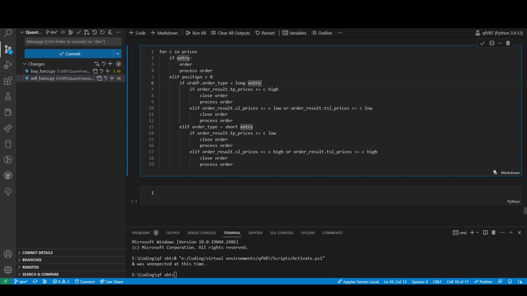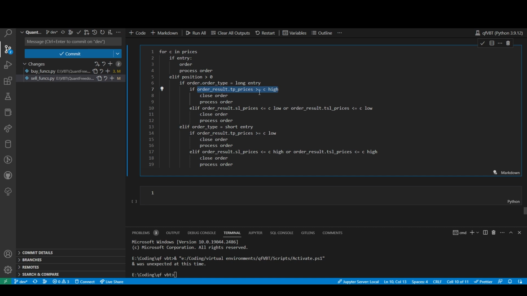So we need to say, if we're in a position and this, yeah. Because then it's like if we check this and we're in a long, but we do not have a take profit, then we're gonna check this and then do this. Whereas if we're to just check this first, then we don't need to check if we're in a long position because we don't have any take profit prices.